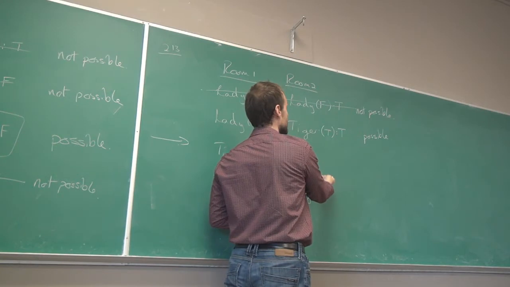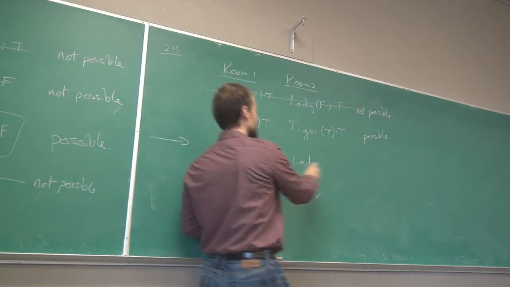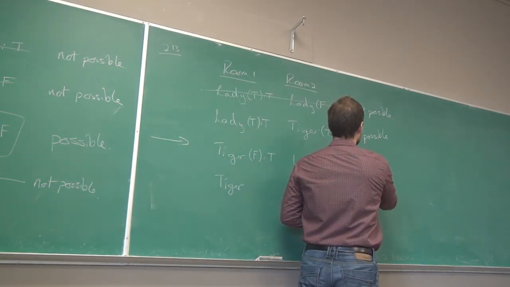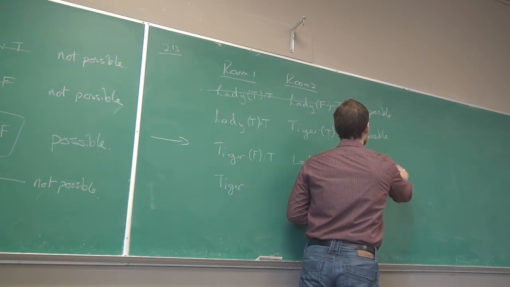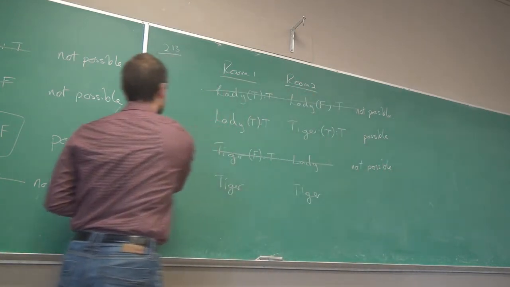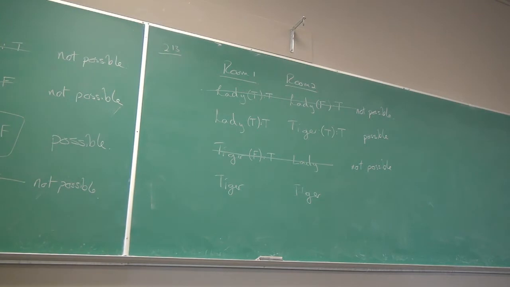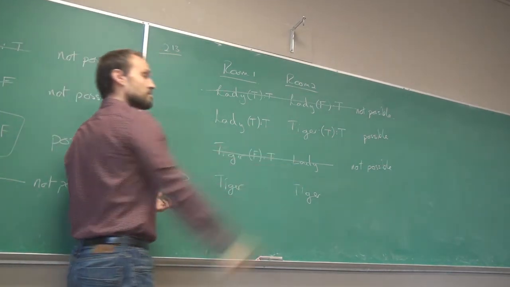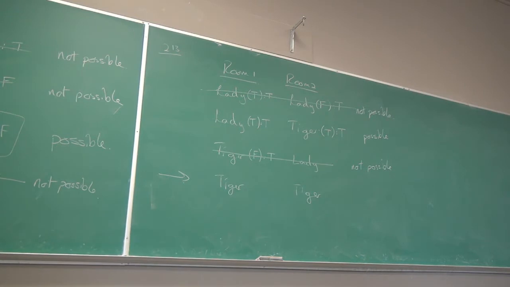I don't even care what's happening in room 2. Not possible. Nothing can contradict what the king is saying. The king's word is law, fact. Can't go against it. So you can save yourself a little bit of time by not even bothering with the other part. As soon as you find a contradiction, you can stop.